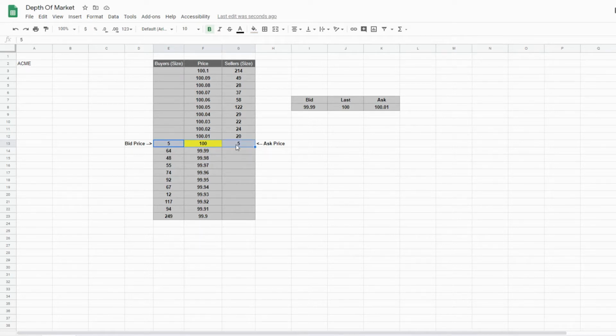What's going to happen then is the last price is not going to change because it also happened at 100. The ask price is going to move immediately back to the lowest seller, and the bid price is going to move immediately back to the highest buyer, and we'll go back to the same situation.